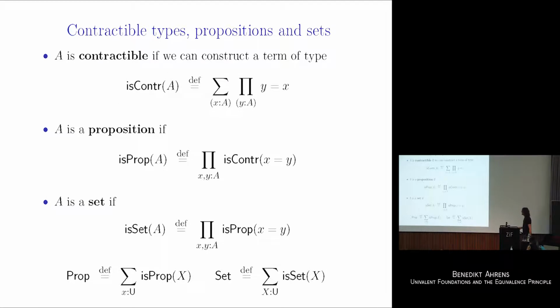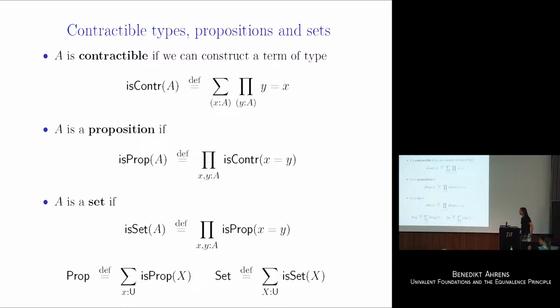Morally, since U appears here as a free variable, I should say that these are propositions of the universe U, so this should be prop of U, and this should be set of U. But for the purpose of this talk, I will only talk about one universe, whereas we know that we need actually a hierarchy of universes in order to avoid paradoxes.